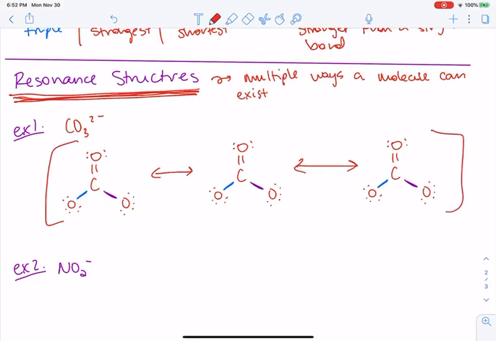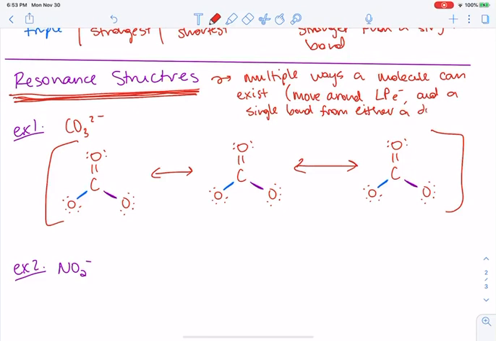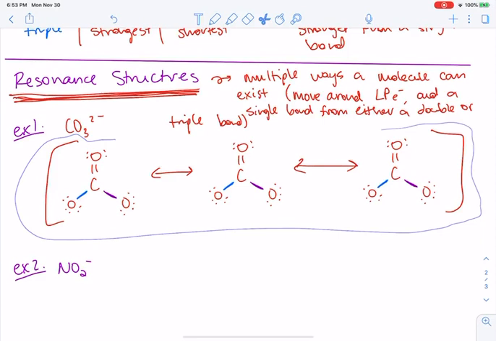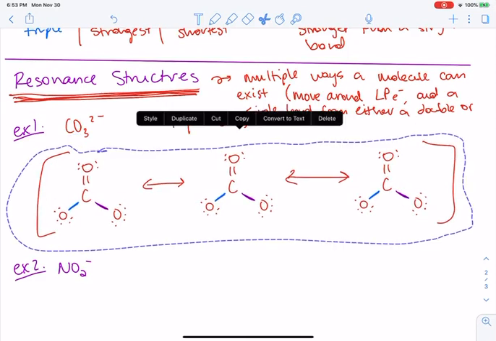And the way that we show resonance structures is we basically move around lone pair electrons and a single bond from either a double or triple bond. Right? Sounds a little confusing, a little wordy, so what does that actually mean? Well, you'll see that in carbonate we have 1 double bond and 2 single bonds.